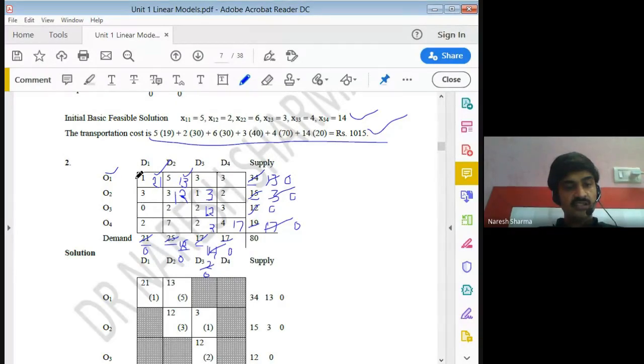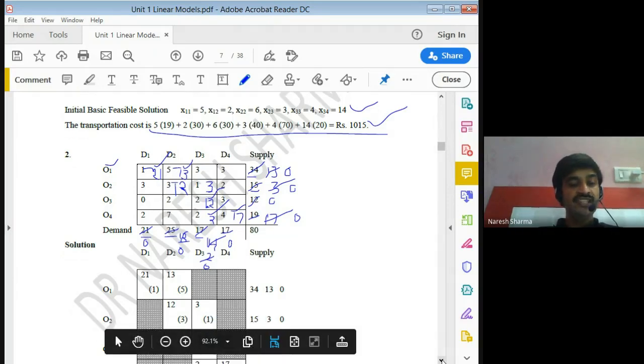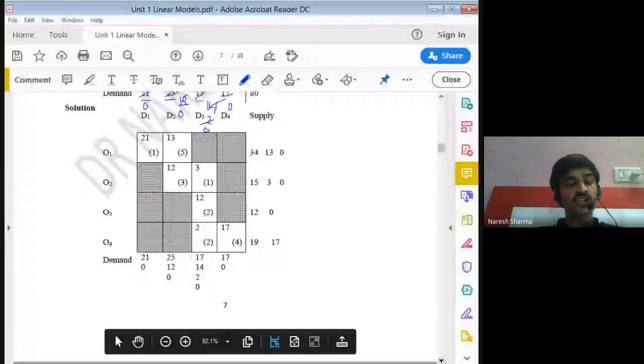This is third and third, so this is x33, which is 12, and x34 is 17. After allocating this, you can just multiply these two, that is 21, 5 into 13 is 65, 3 into 12 is 36. After multiplying and adding all these, you can find your total cost.